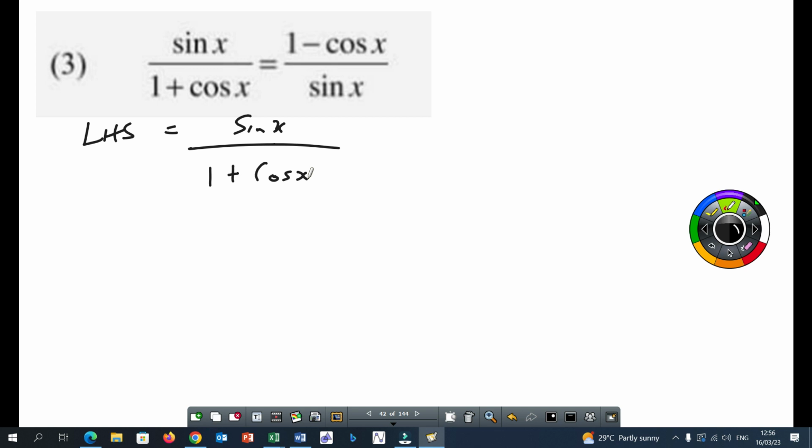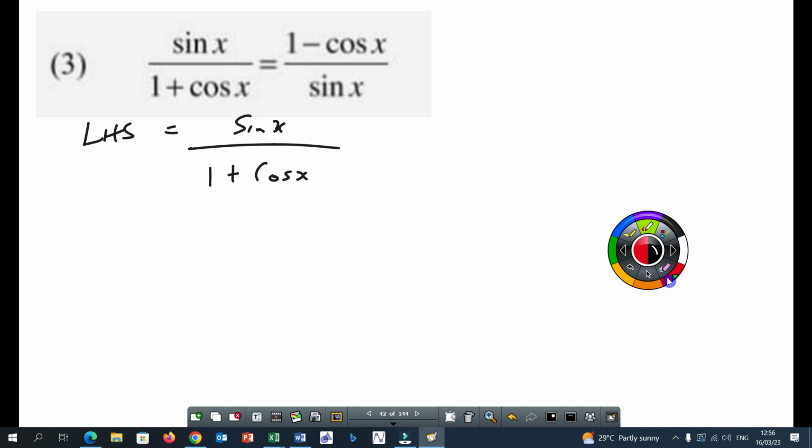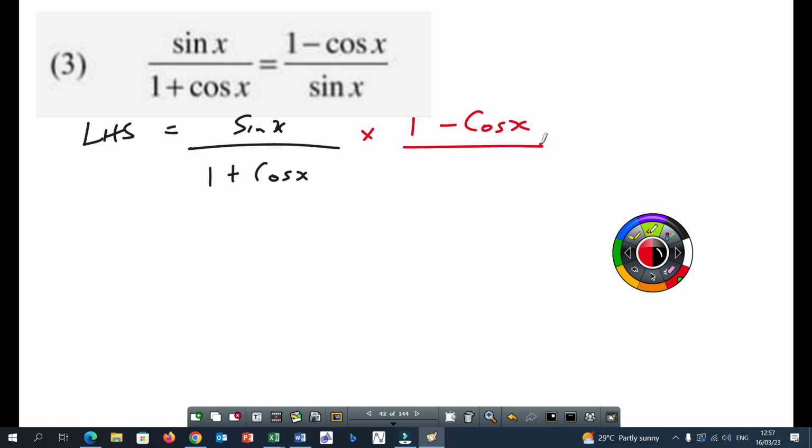The 1 will be 1 minus cos x over 1 minus cos x, which is the conjugate. Please take note that this is equal to 1.